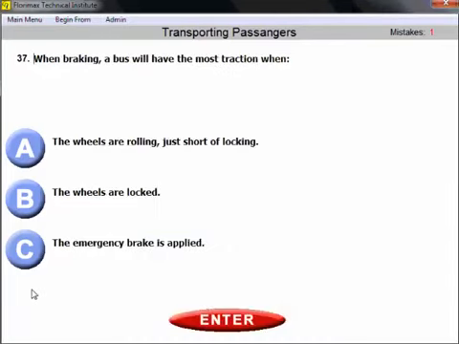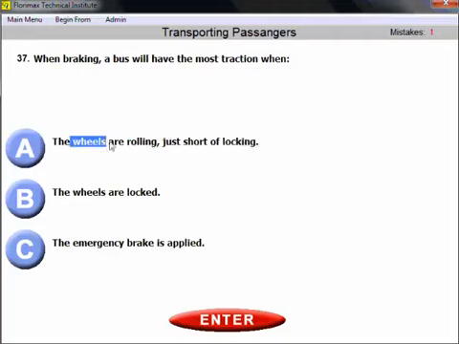Question 37. When braking, a bus will have the most traction when the wheels are rolling, just short of locking. We just discussed what traction is. Definitely when the wheels are rolling, they have better traction than when they are locked or when you apply the emergency brakes.